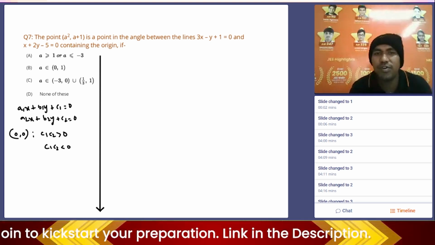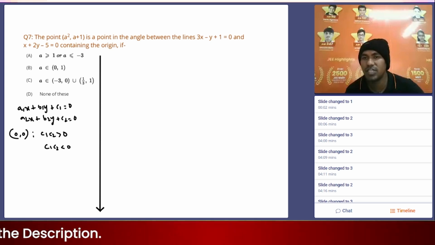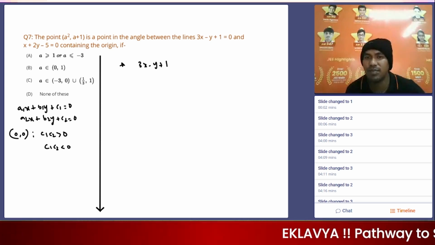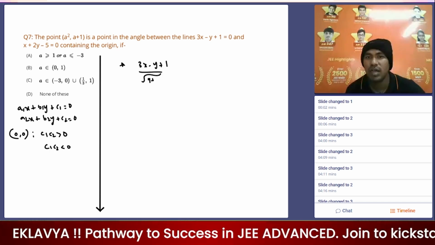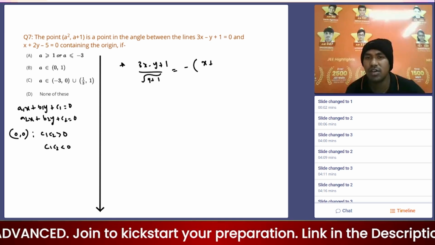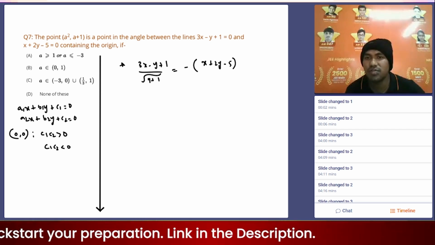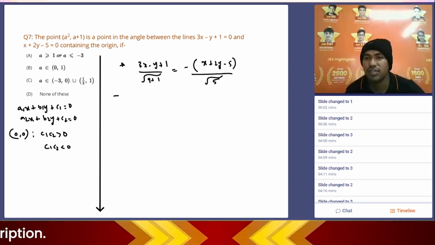Now same way if you do here also, 1 into minus 5, what will happen? Minus 5, which is less than 0. That means the angle bisector will be the negative one. That will be 3x minus y plus 1 by root over 9 plus 1, which is equal to minus of x plus 2y minus 5 upon root over 1 plus 4, that is 5.